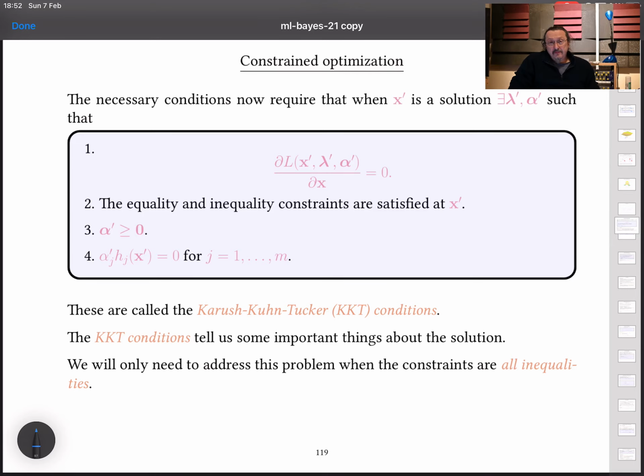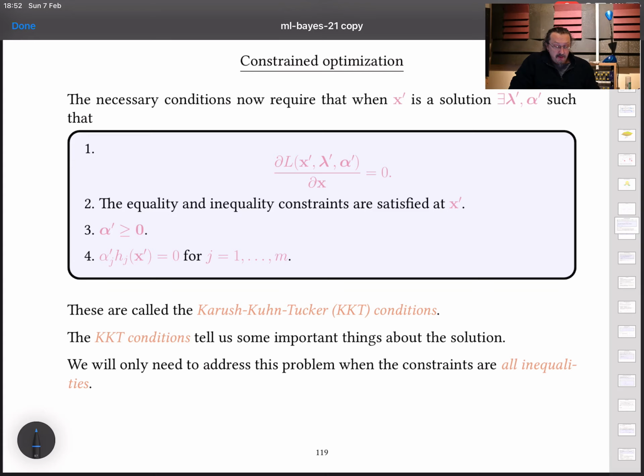once again, the derivative of the Lagrangian with respect to the x vector is 0. That's unchanged. The constraints will be satisfied at x prime. Okay, well, that's certainly necessary. But then the necessary conditions require that the Lagrange multipliers for the inequality constraints are non-negative.